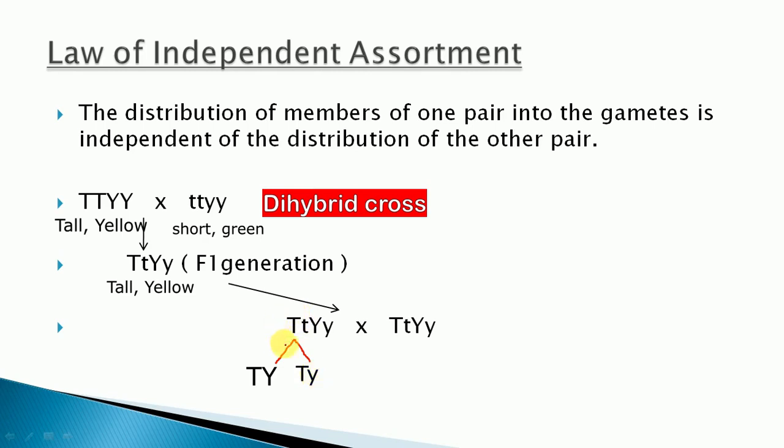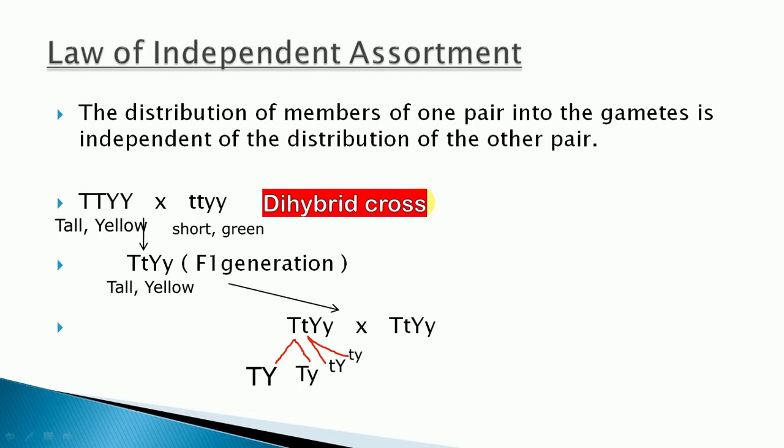So it is independent. It is not that it can only go with capital Y. It can go with any allele of the second character, or we can say the second pair. Like capital T, capital Y and capital T, small y. Similarly, small t can also go with capital Y as well as small y. So they are independent. They can go with any one of the other pair. This is the law of independent assortment.